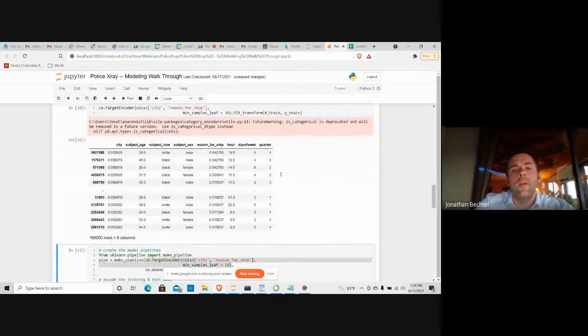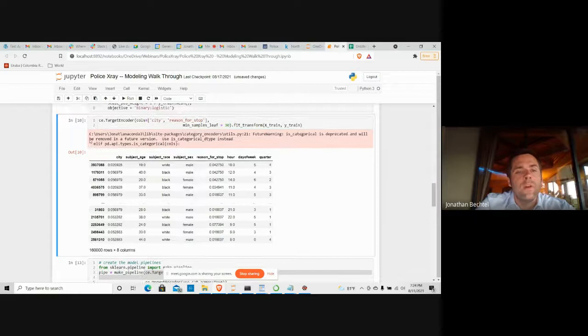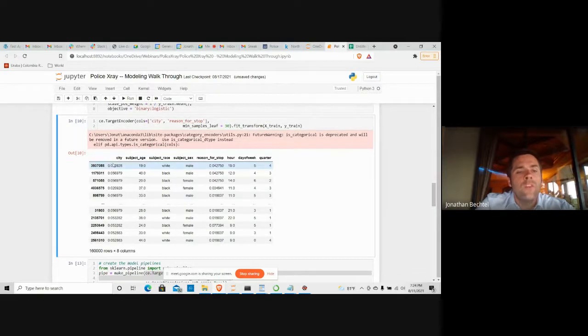Okay, so Sylvia here, what target encoding will do is, instead of doing one-hot encoding, where we get a separate column for each unique value, target encoding will basically transform something according to the average value of the target variable for that particular column. So in this case, for city, it turns into 0.020928.